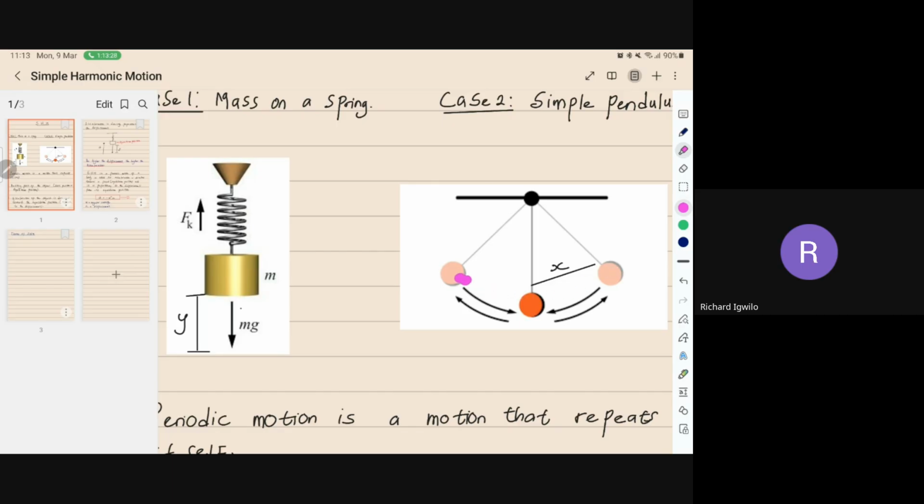If it moves from that very displacement, which is here, goes to here, and comes back here, that is one cycle. That is one oscillation. The time it takes this pendulum bob to complete one oscillation is what we regard as the period. So I have spoken about the very first quantity that we know as period.